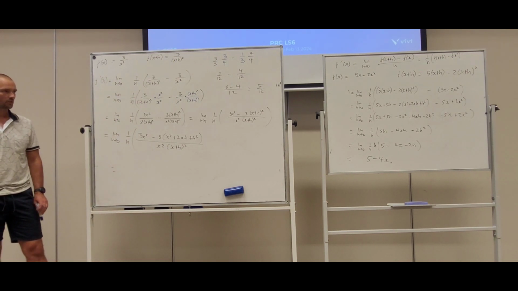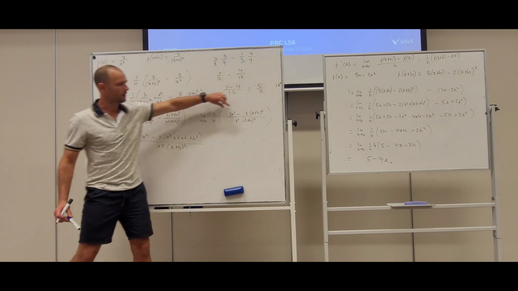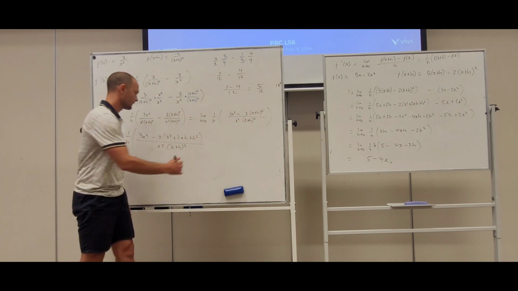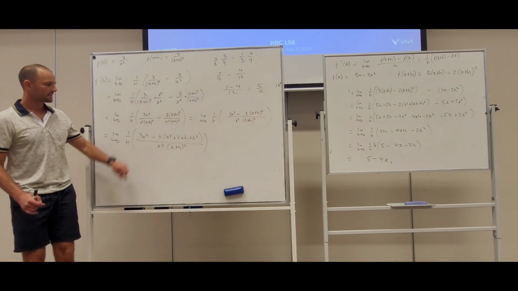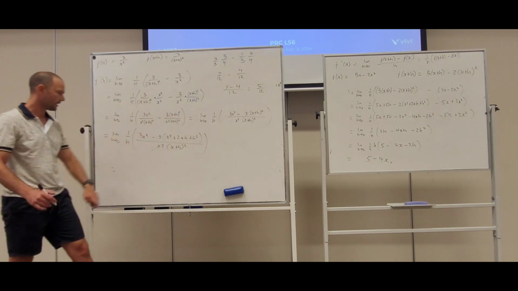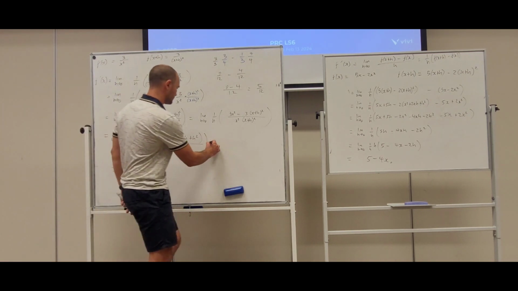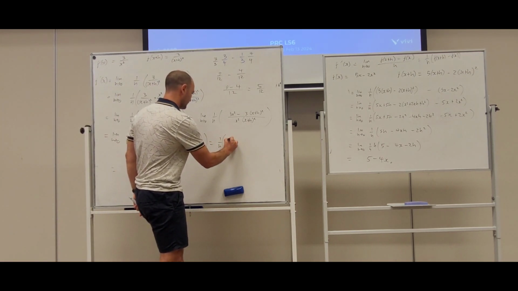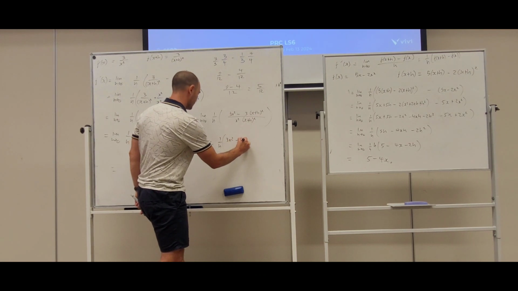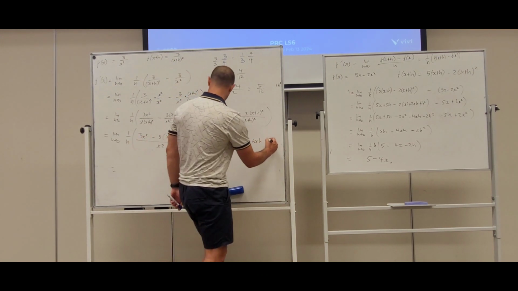All I did in moving from here to here is perfect square that. In the next step, I'm going to distribute this negative 3, so I'll do that here. We have 3x squared, take 3x squared, take 6xh, take 3h squared.